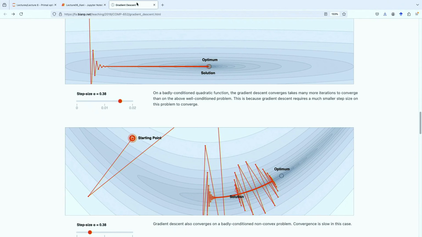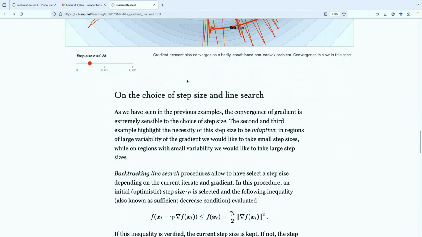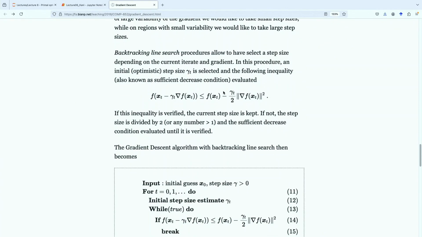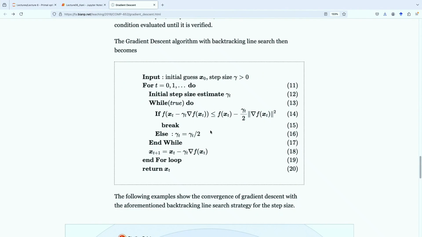So going back to Fabian's amazing JavaScript visualizer, he implements Armijo's rule, which also basically bounds the step size, and here he's using gamma instead of alpha, but same idea.